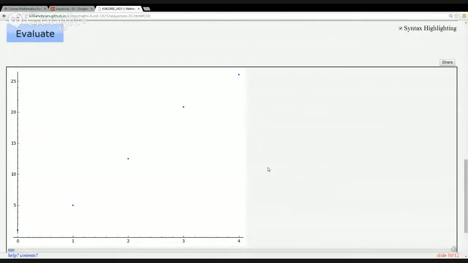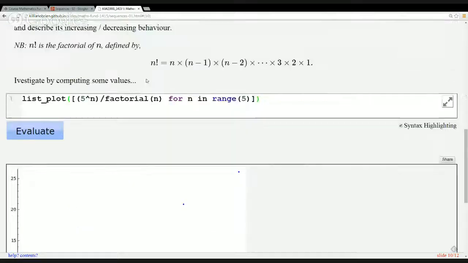And the dots are, this dot here is A1, this is A2, this is A3, A4, A5, and so on. They seem to be increasing. But maybe that's just happening near the start.